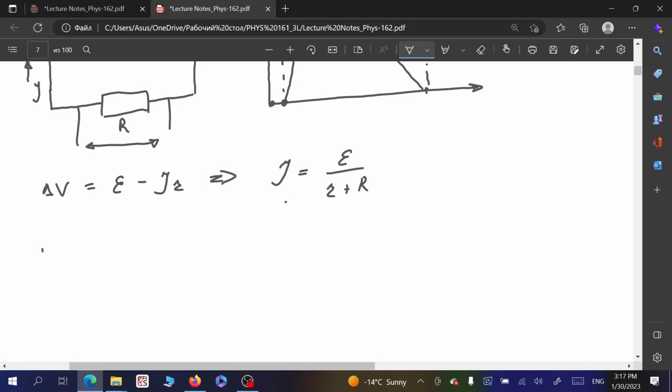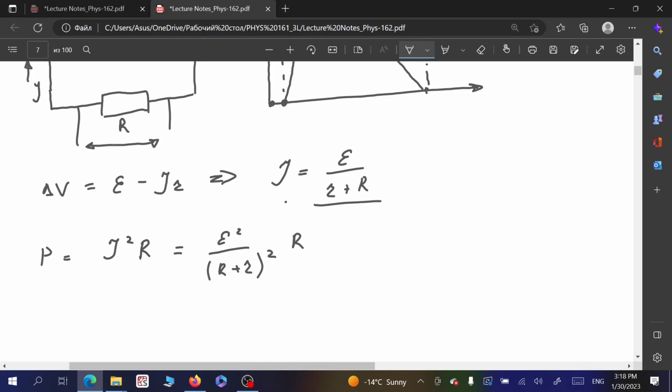That is P equals I squared times R. Here we will substitute our previous equation, so it will be epsilon squared divided by (R plus capital R) in second power, times capital R. That is the power which will be dissipated over this load resistor.